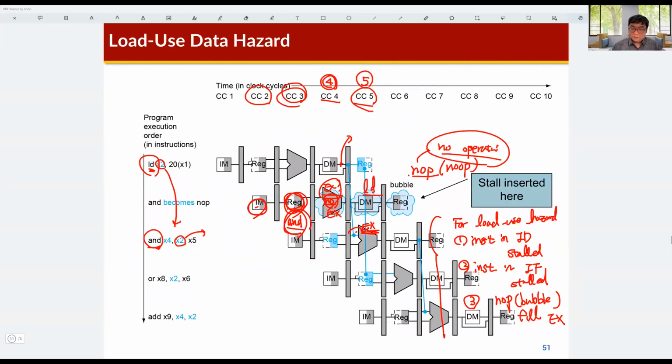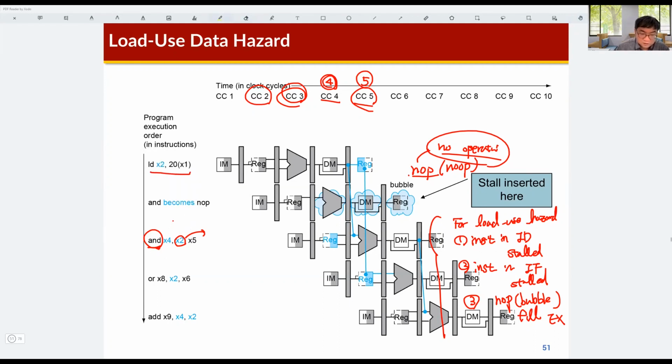So you need to understand this. I believe this is a little bit tricky because it's related to the timing of instructions. So I will explain again the timing of this load use data hazard.